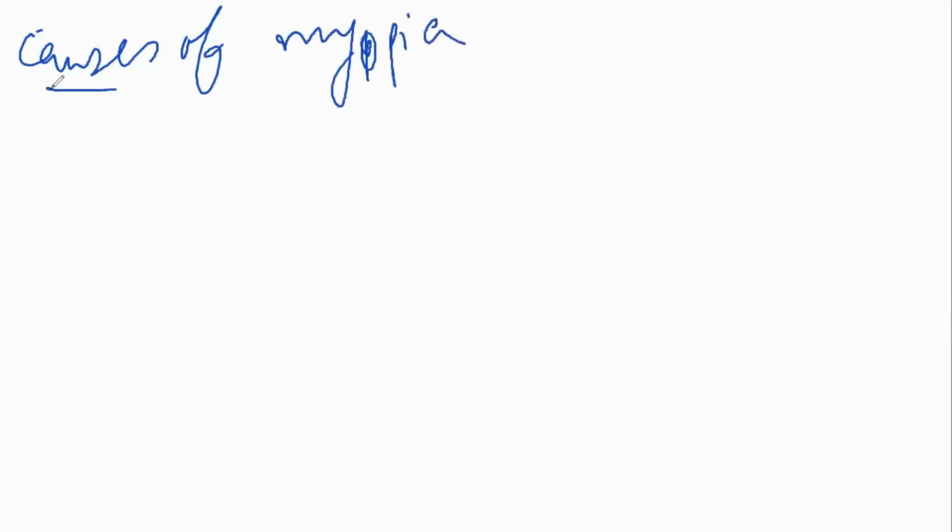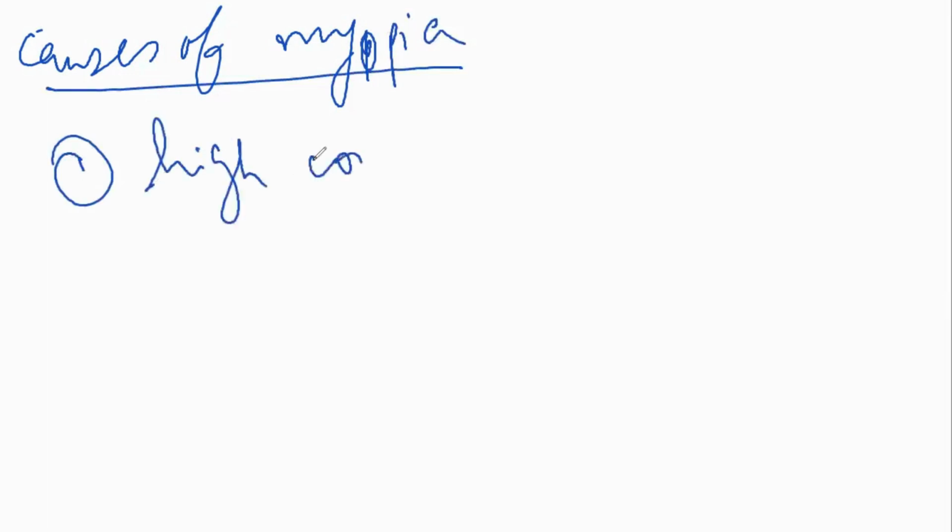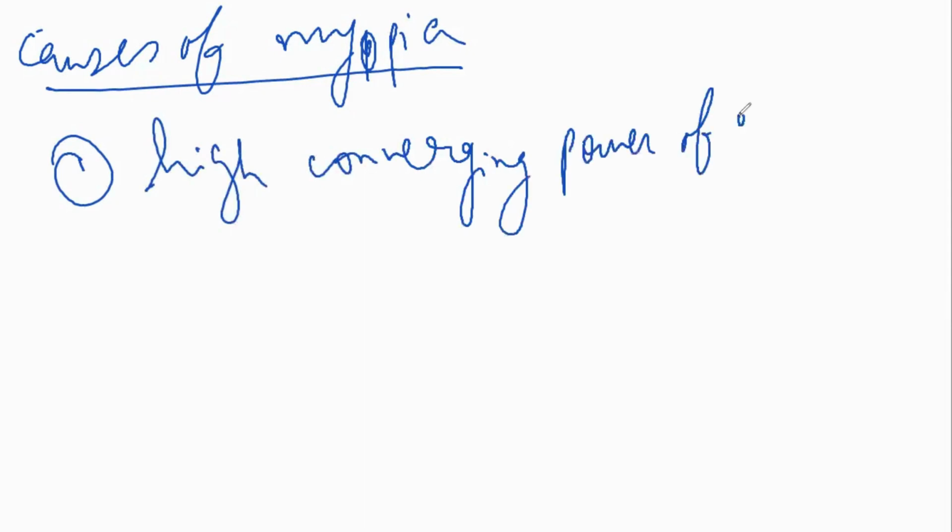Okay. Causes will be what? Write it down. Causes of myopia: high converging power of the eye lens.